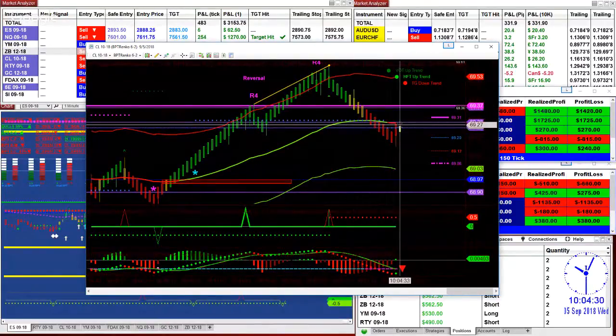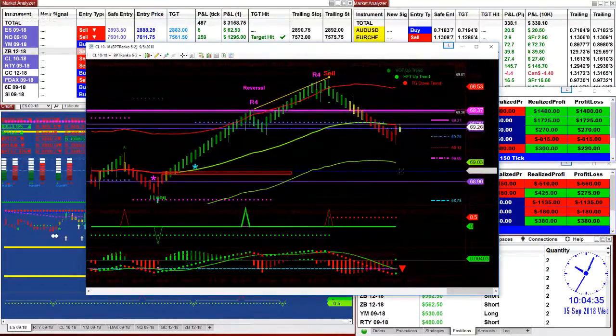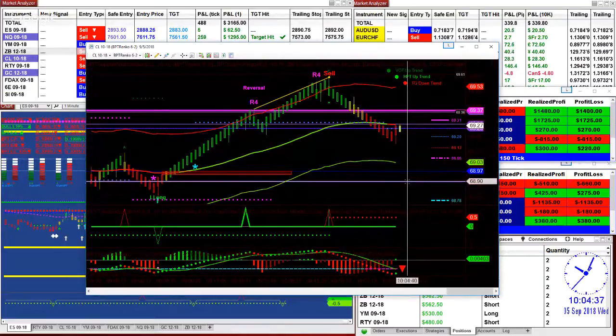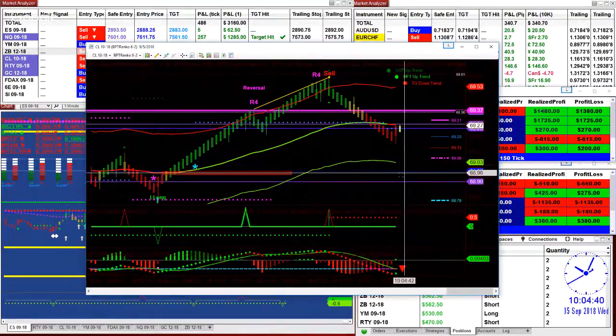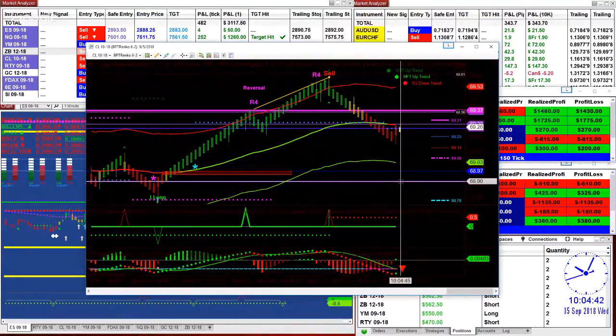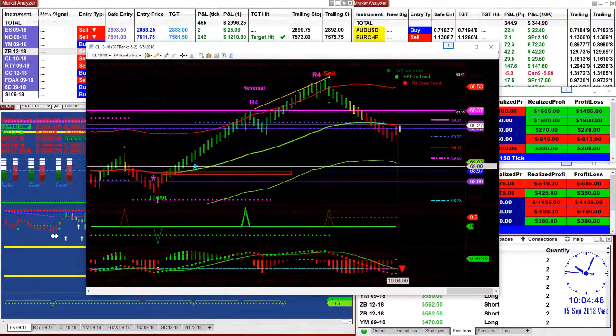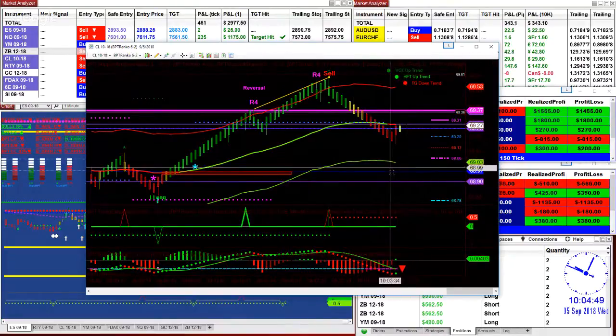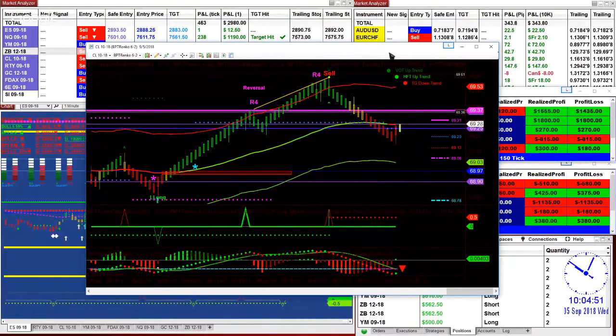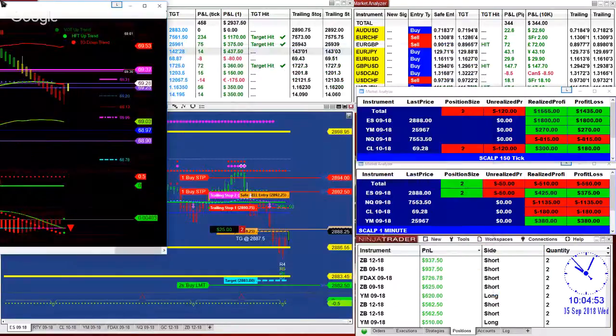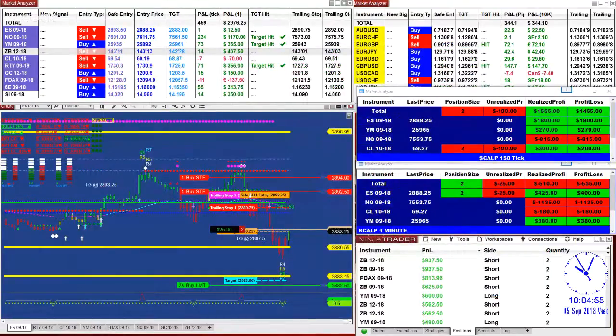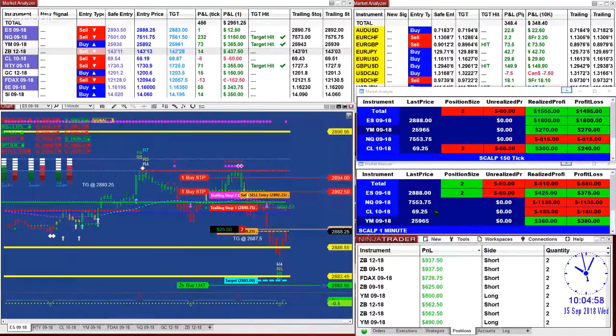Actually, here there is a re-entry point on the CL, so we should be looking around 68.90. We'll find out once this market gets back to this area. I will keep our eye on it. But right now we have a short on the CL. A very, very mixed market.